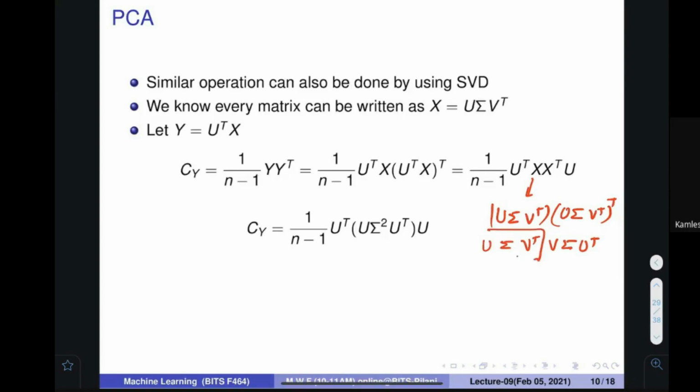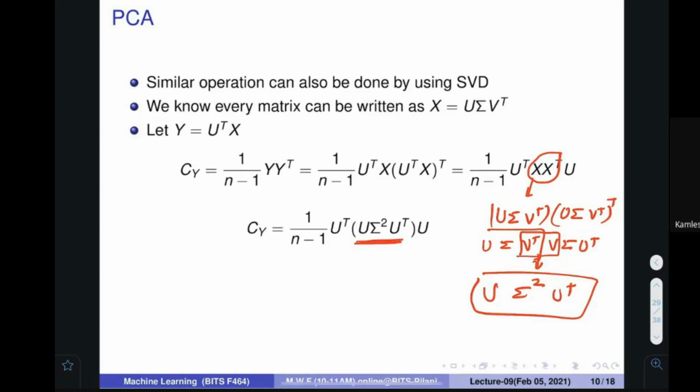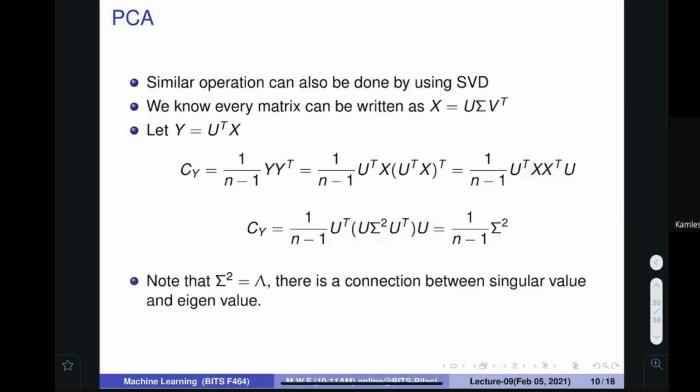What would happen? V transpose V becomes identity. It becomes sigma square U transpose. So this quantity is U sigma square U transpose. You can see that this again becomes identity, and this again becomes identity. So you get 1 upon n minus 1 of sigma square.